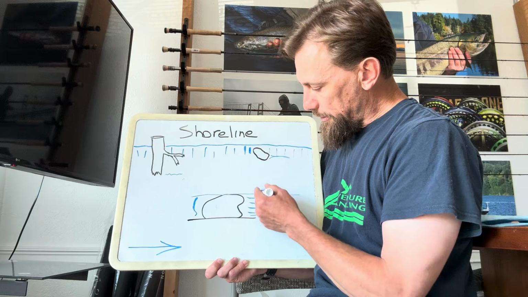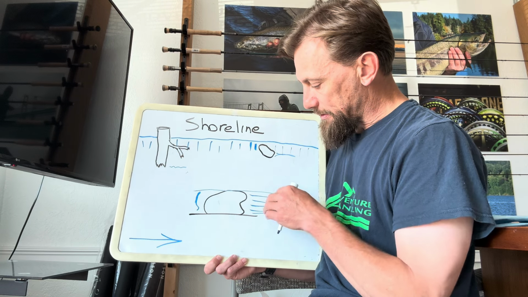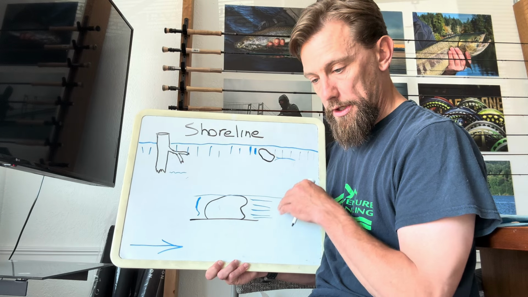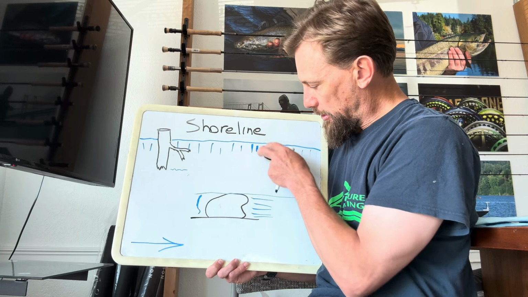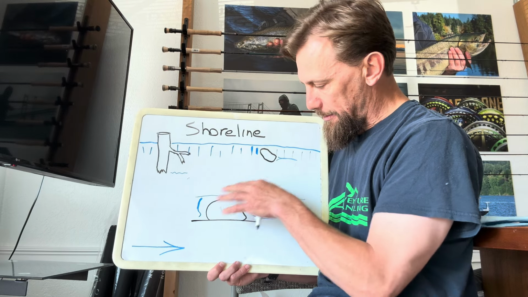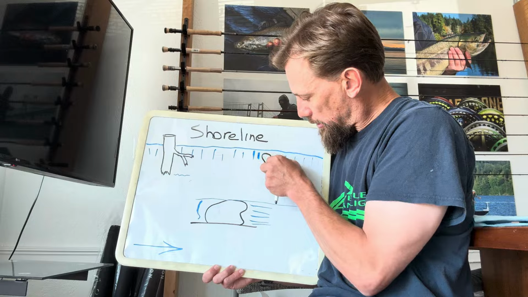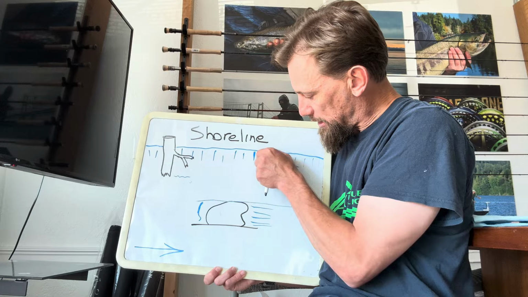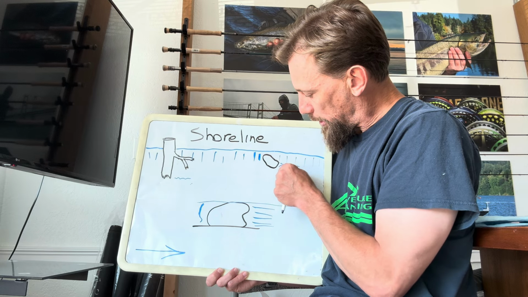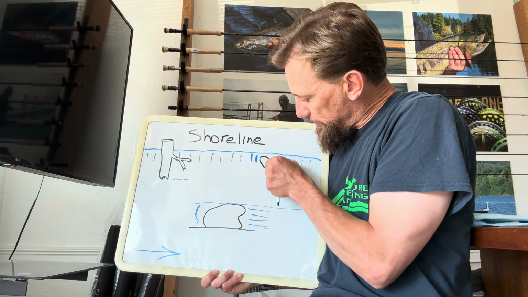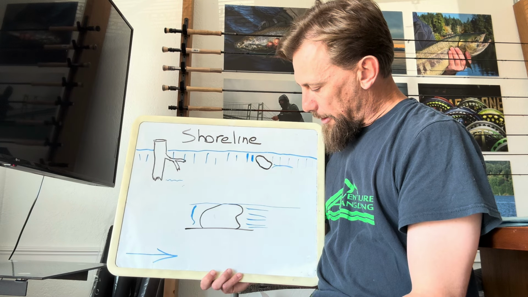Well, this whole space behind the rock, top to bottom, presents a nice pressure wall that we call a current seam. Let's say we're looking at this rock, and it's about this deep. There's higher pressure here, there's lower pressure here as the water's moving around it, and high pressure here in the slow water. And these walls created back here trap food.